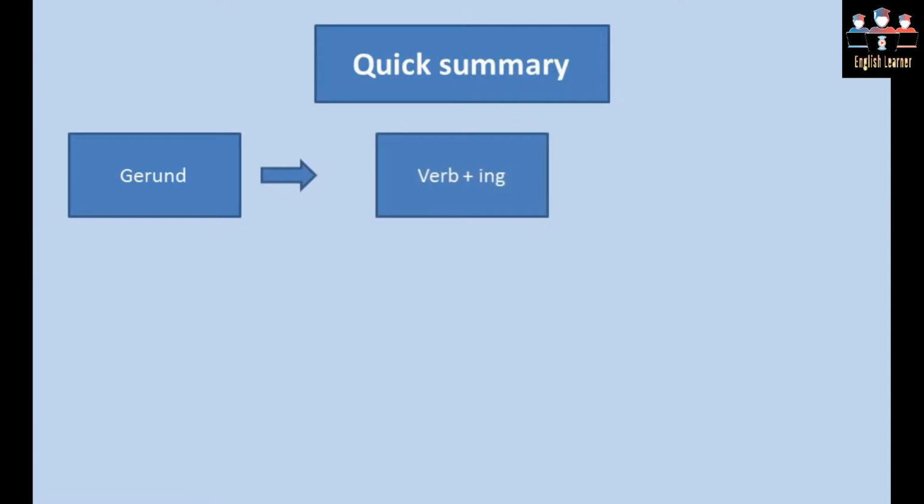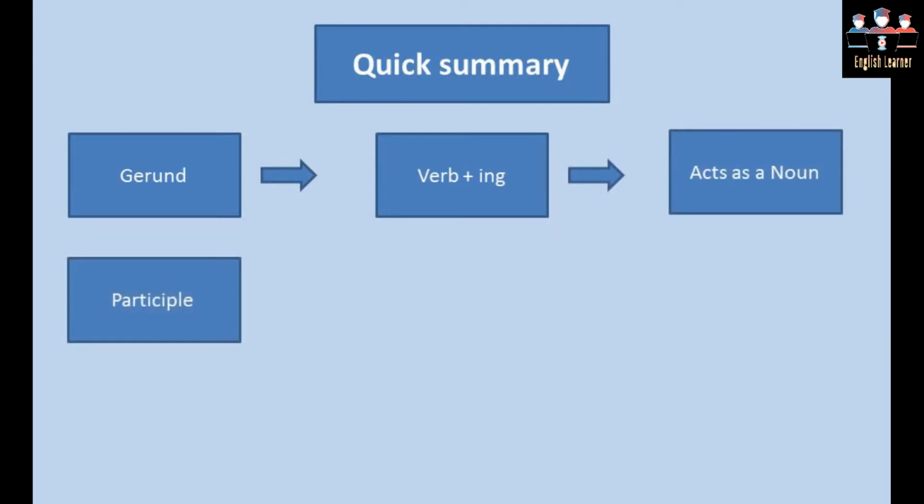Now students, we are going to have a quick review of what we have learned in today's lecture. Verbals are of three categories. Number 1 is gerund. Gerunds are formed as verb plus ing, and they function in a sentence as a noun. The second category is participle.